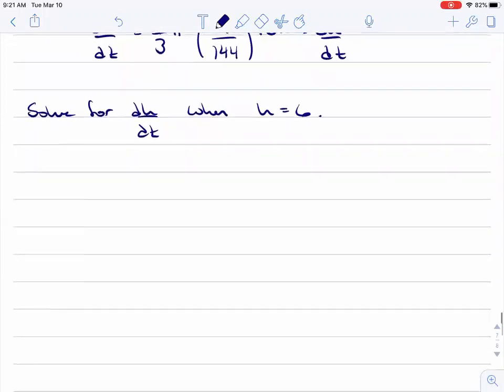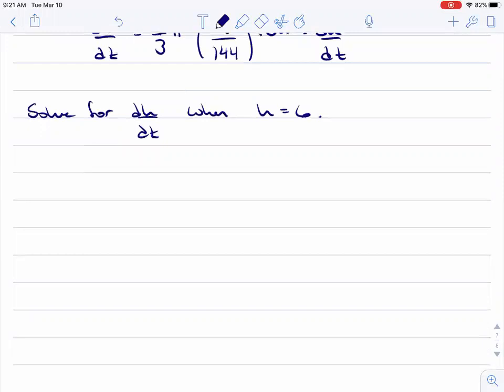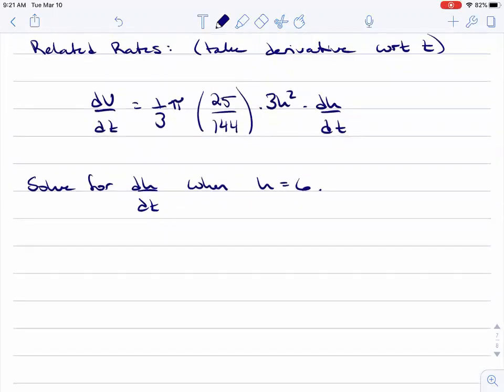So solving for dh/dt, I can simplify a little bit. For instance, I can cancel this 3 and this 3 because they're all being multiplied.